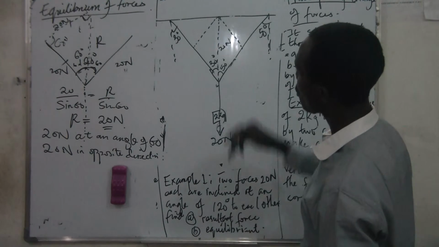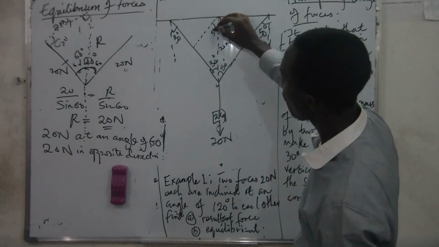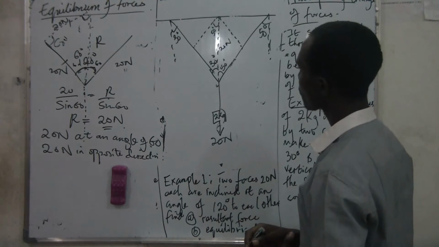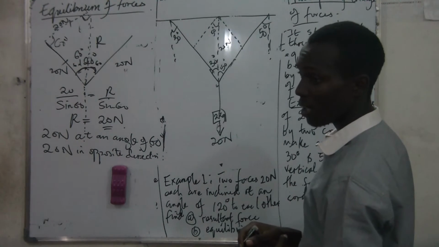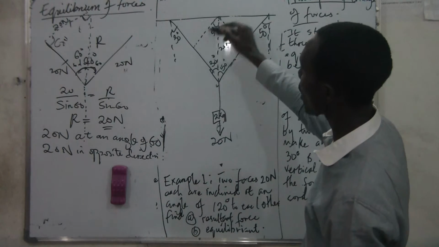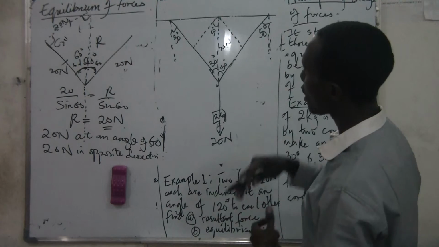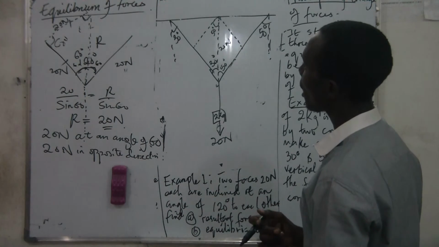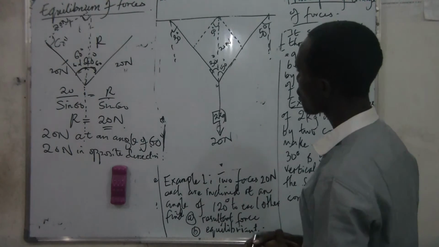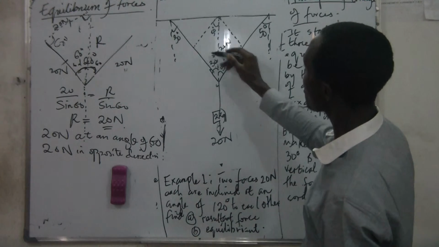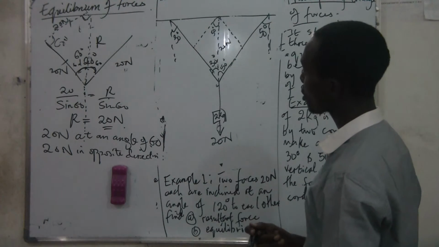So therefore this is also 50 degrees. Can you observe that these 2 angles are corresponding angles? So we can say that both of them are 50 degrees, and this angle and this angle are also 30 degrees.